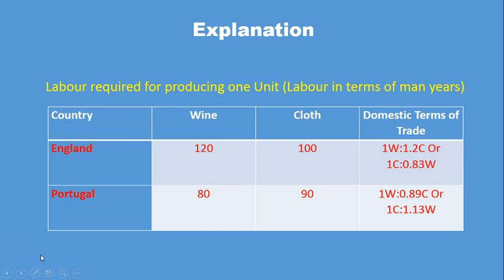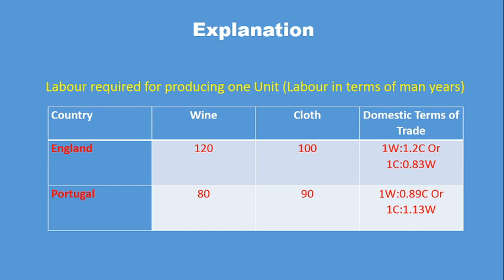The above table represents that the production of 1 unit of wine in England requires 120 man-years, while 1 unit of clothes requires 100 man-years.